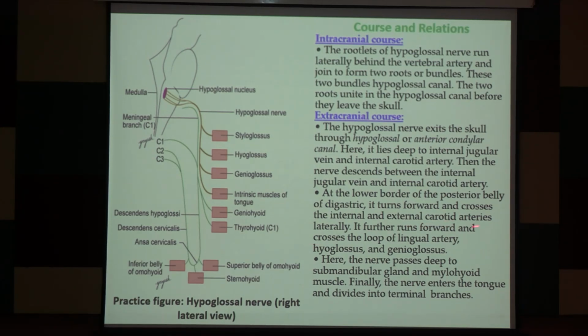It further runs forward and crosses the loop of the lingual artery, hyoglossus and genioglossus muscles. Here the nerve passes deep to the submandibular gland and mylohyoid muscle. Finally the nerve enters the tongue and divides into terminal branches, supplying all the muscles of the tongue.